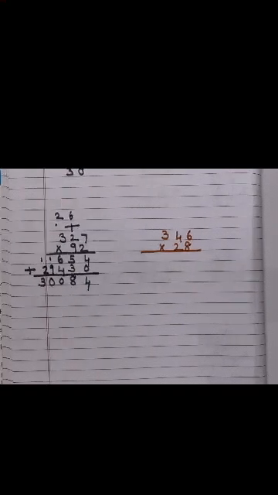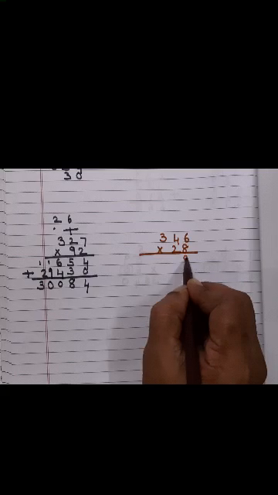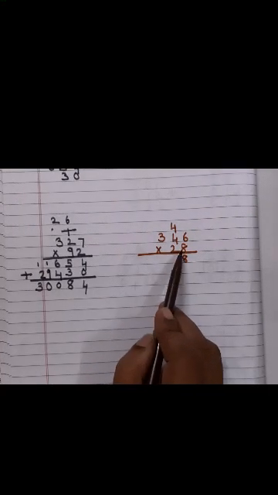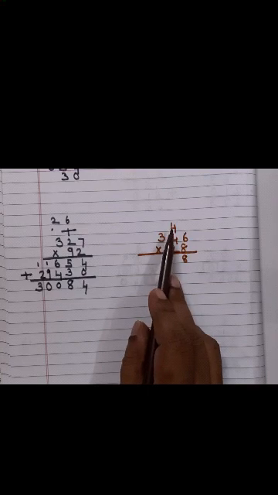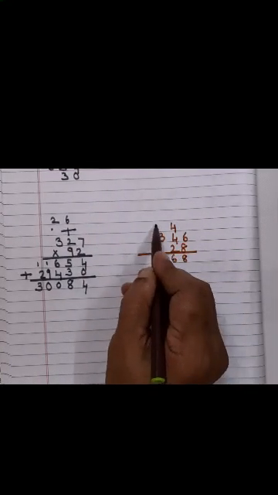Okay, come on children. 6 8s are 48. So 8 here and 4 here. Right? Now 8 into 4. 8 4s is 32. 32 plus 4 is 36. 6 here and 3 here.